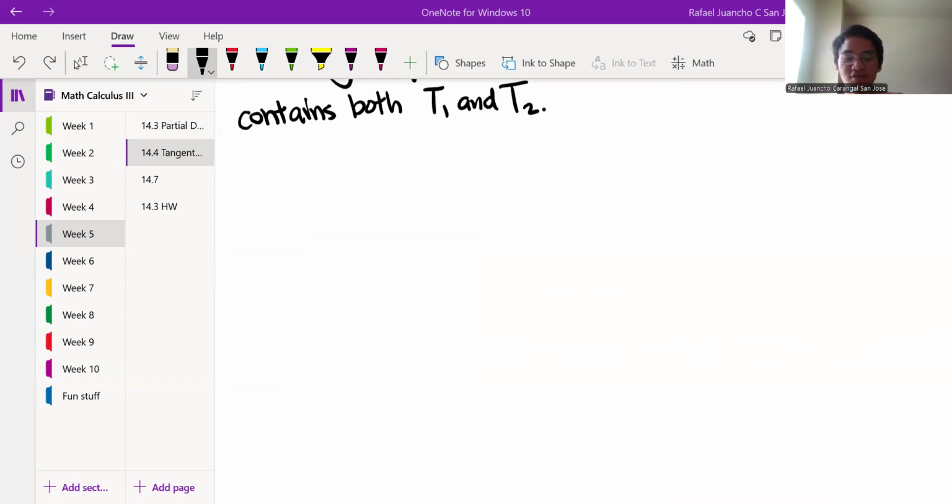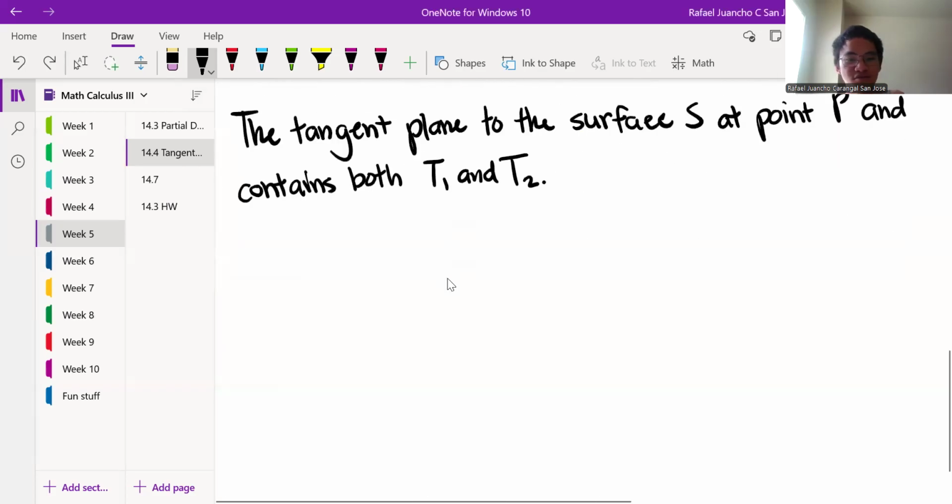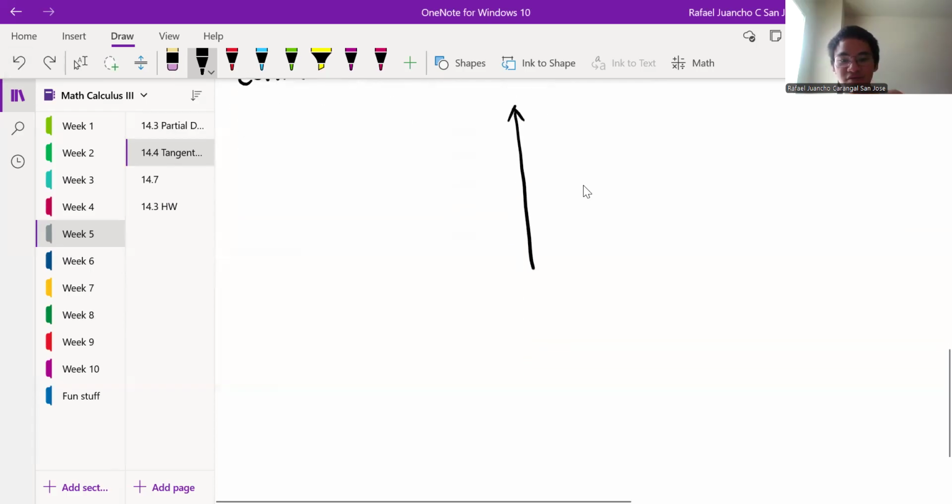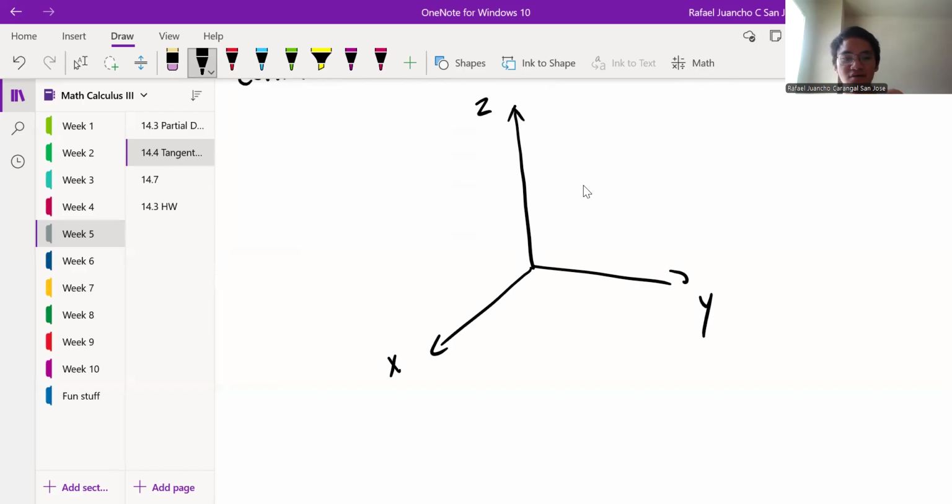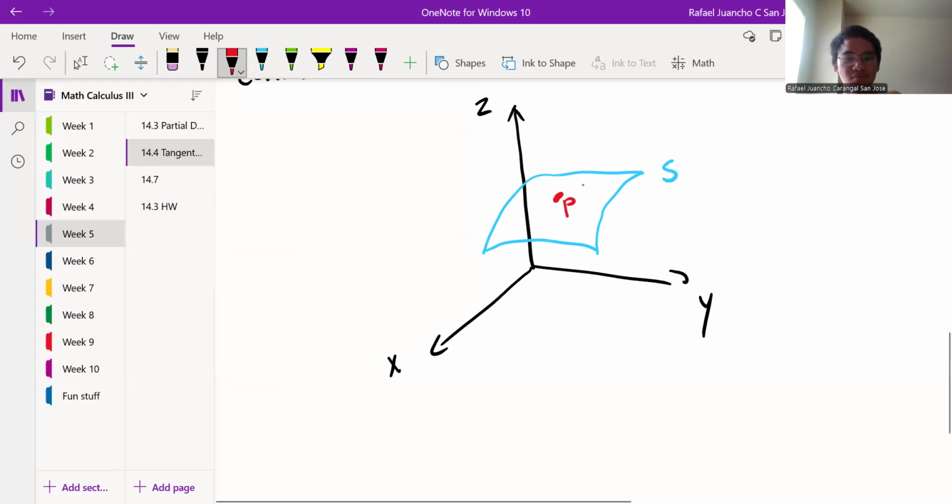So let me draw something just to illustrate what I'm trying to say. Let's say we have our 3D space, z, x, y, and we have a quadric surface. Let's do the saddle-looking thing, and let's say that's our surface S. And we have point P that lies on that surface. And then from there, we have tangent lines, right?